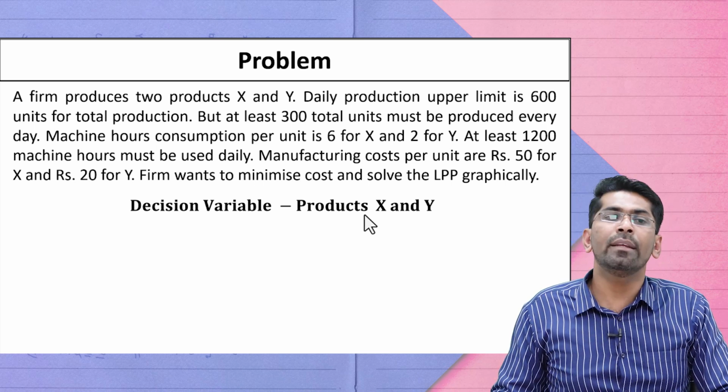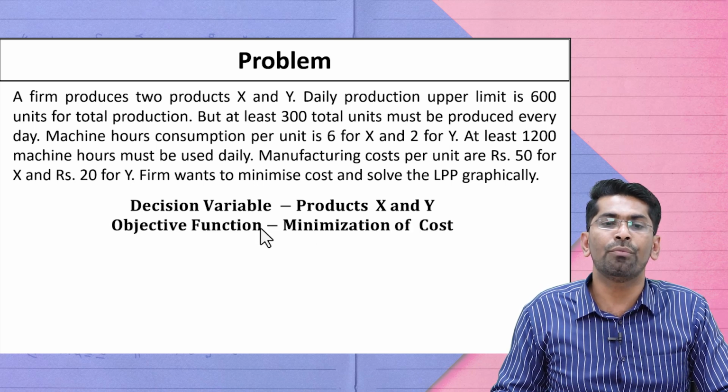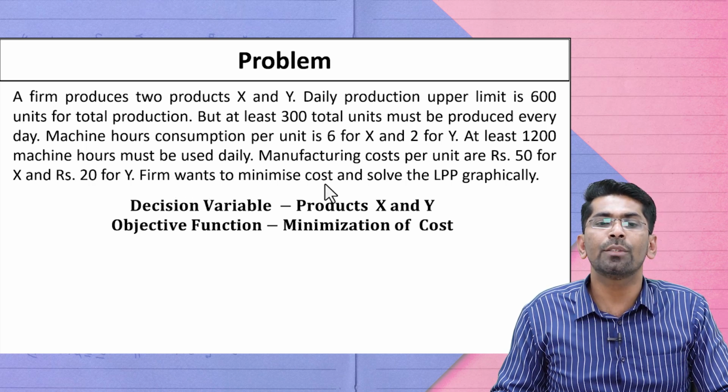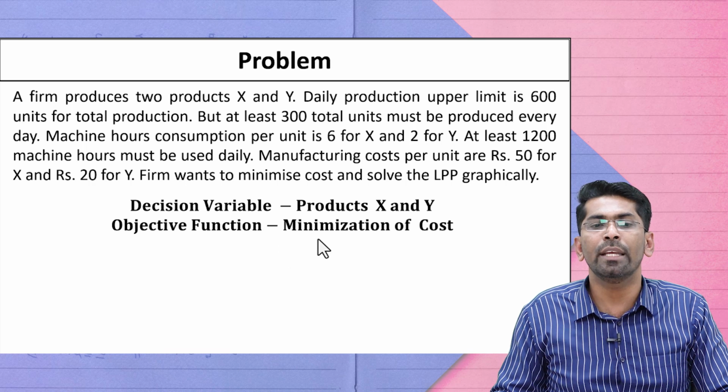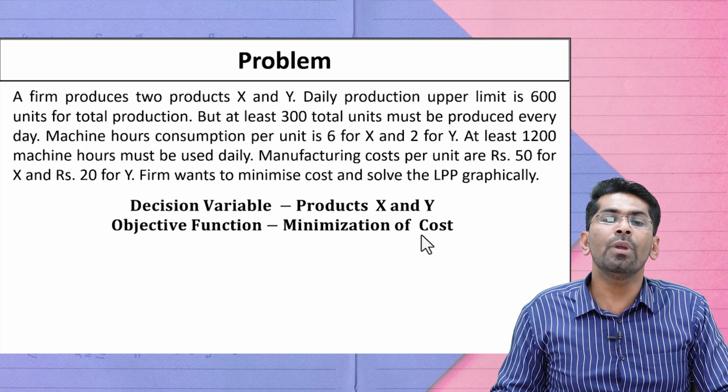After identifying the decision variables, the next step is to find the objective function. In the given problem, it is already mentioned that the firm wants to minimize cost. So our objective function is related to the minimization of cost, and the cost is already given.